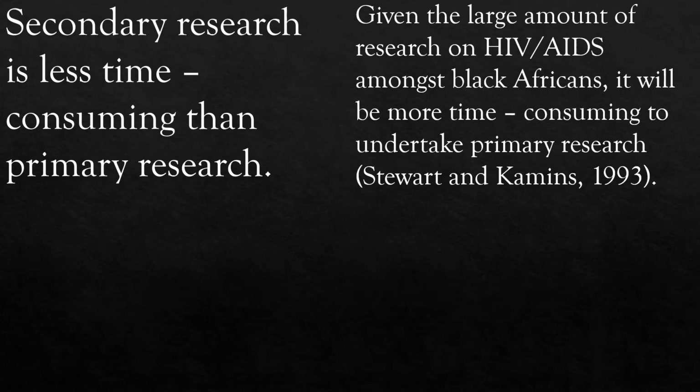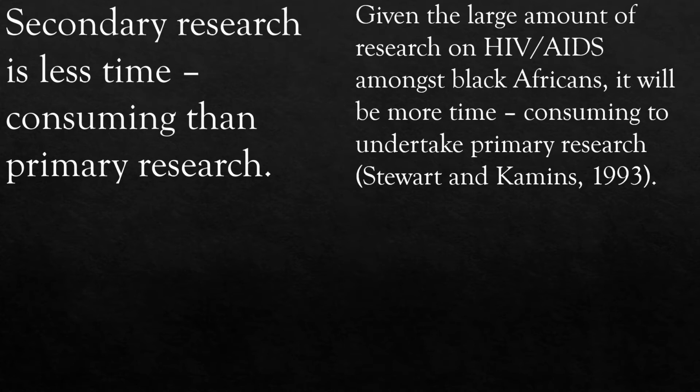In the first example, secondary research is less time consuming than primary research. However, the second example is far more specific to their research question, to their research area. Given the large amount of research on HIV/AIDS amongst Black Africans, it will be more time consuming to undertake primary research. So they're essentially saying the same thing, however, there's much more detail in the second example.